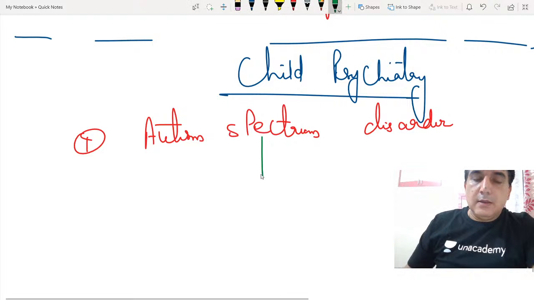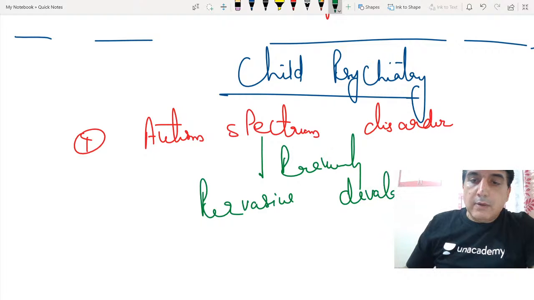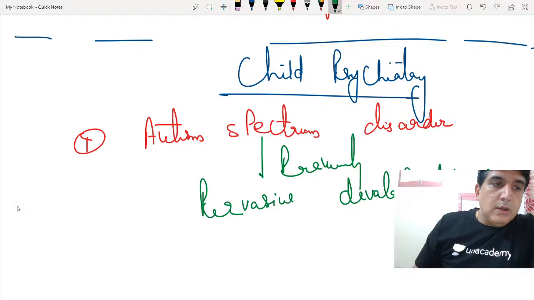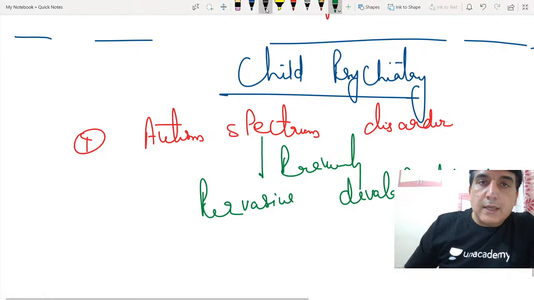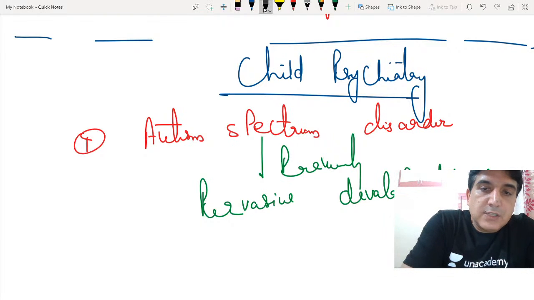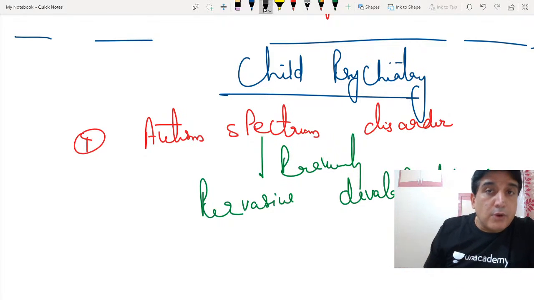Previously we were calling it pervasive developmental disorder. Now we call it autism spectrum disorder. It's a very important one. Like yesterday I was talking about DSM-5, we divide autism spectrum disorder as per severity of the symptoms, in a continuum, not as subtypes.